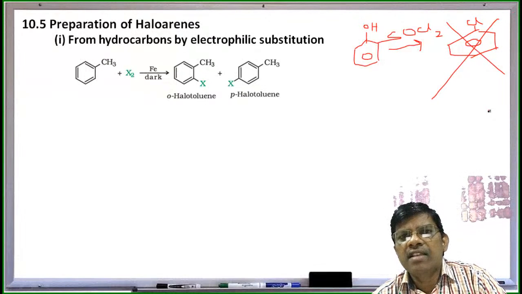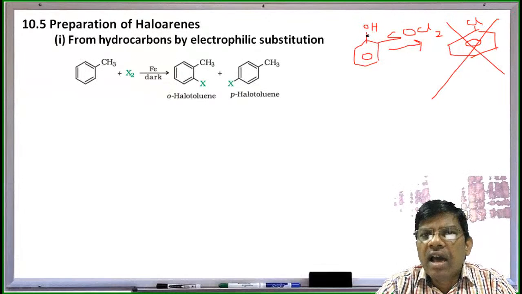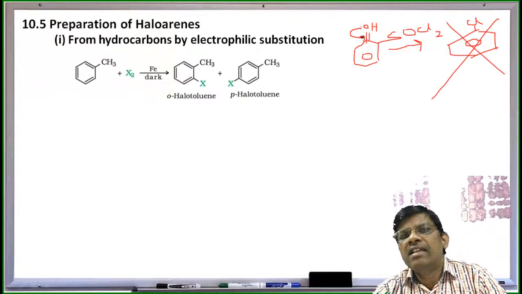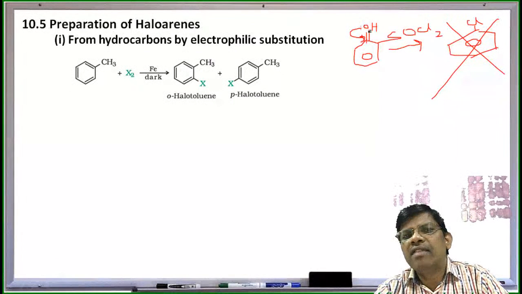Because in phenols the oxygen is strongly attached to this carbon, because of the presence of the lone pair of electrons, it has some double bond character. So this C-O bond is very tough to replace or substitute with chlorine.